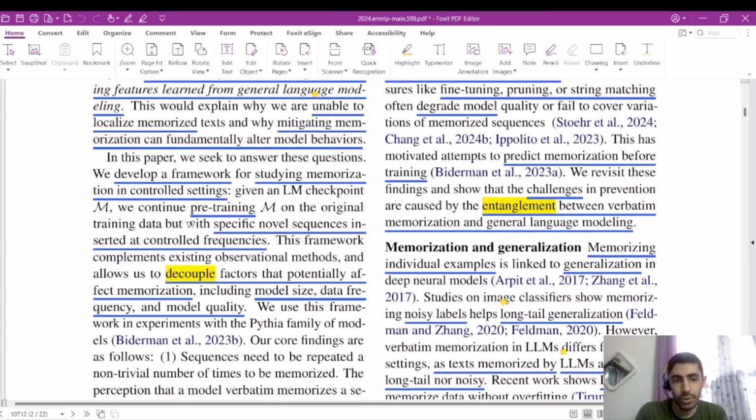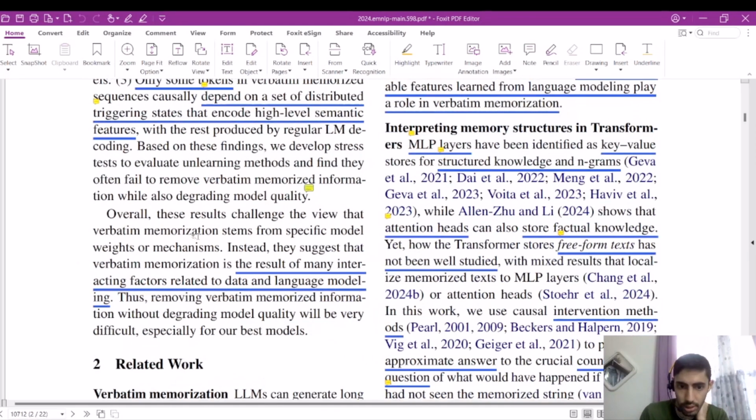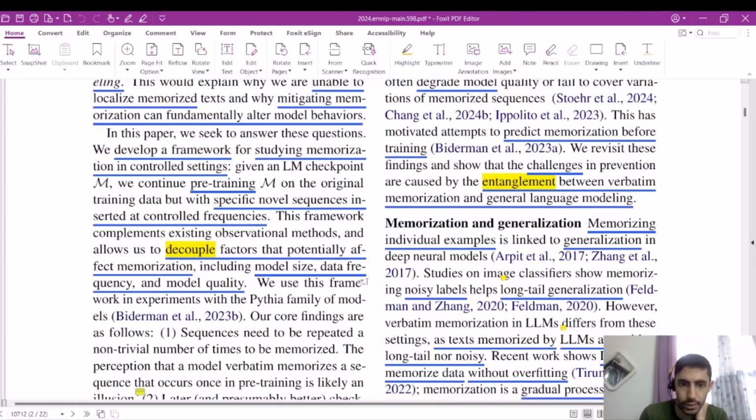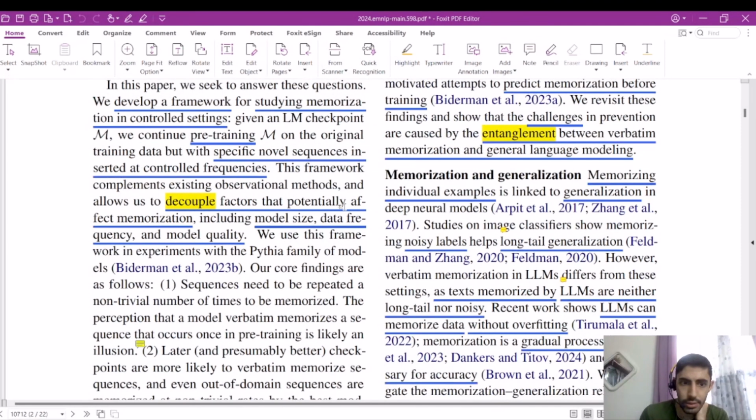They use a pre-trained model, whose name I forget, but I think we have it in the upper sections, and they use specific novel sequences inserted at a controlled frequency. They call it injected data, injected sequences, where the frequency of the sequences in this database is controlled. We could change it, with some sentences repeated multiple times in the injected data.